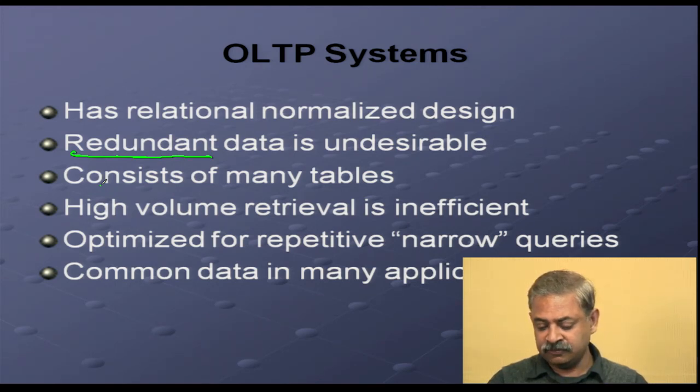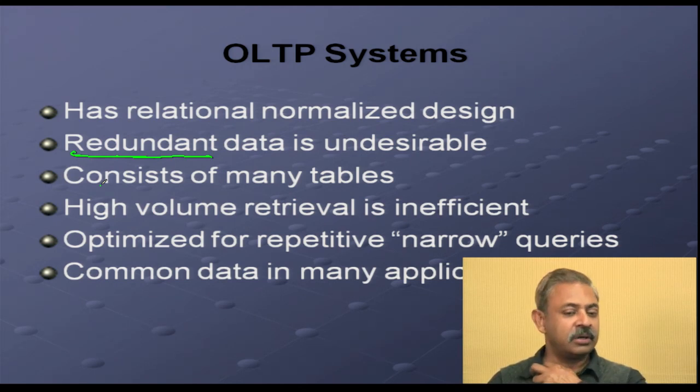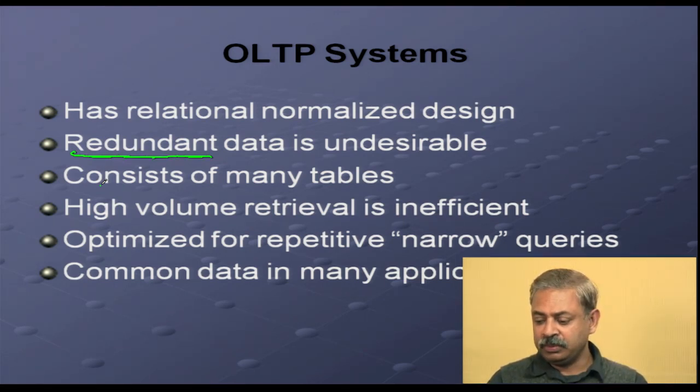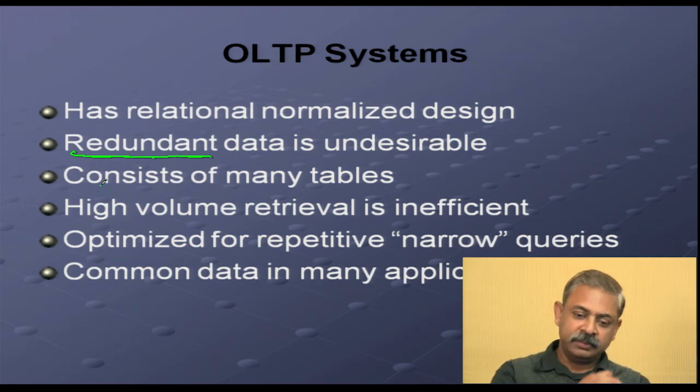They have been designed for narrow queries, like: tell me what is the balance in this particular account. I just input the account number and the balance will be shown. They are optimized for such repetitive queries and common data in many applications.